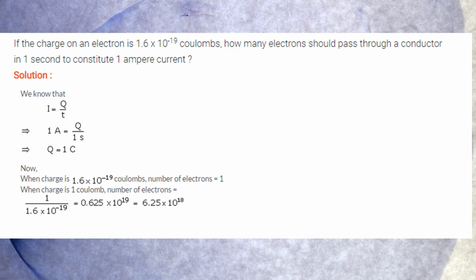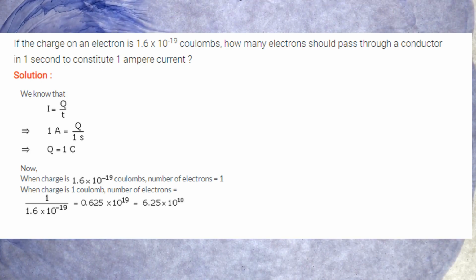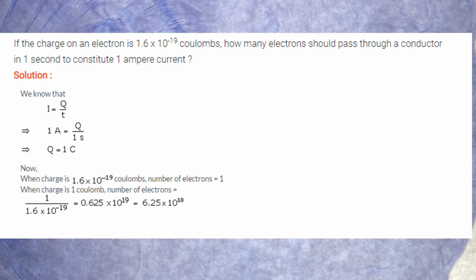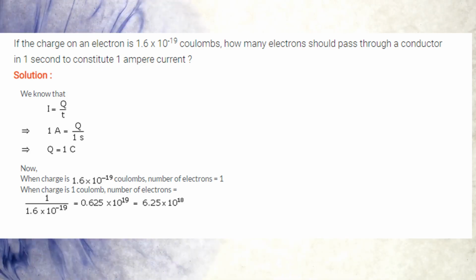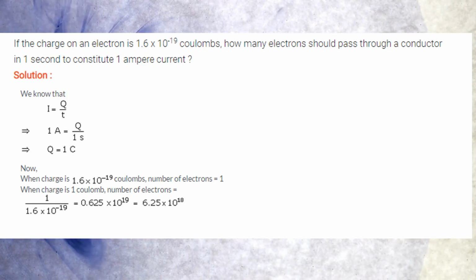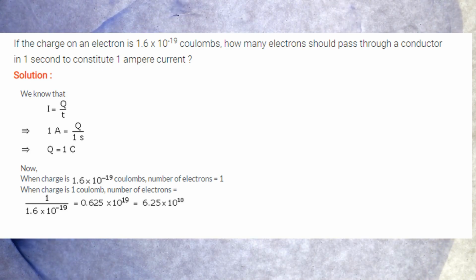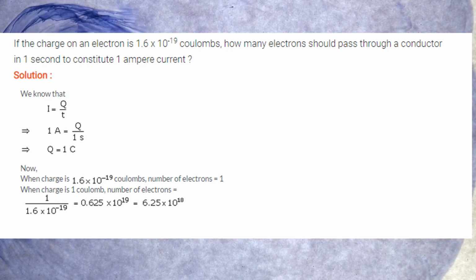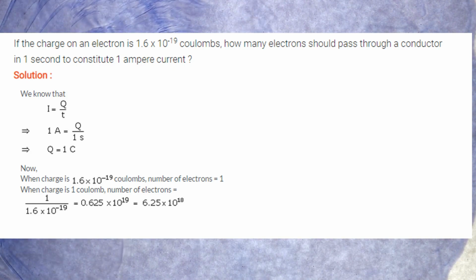Charge on 1 electron equals 1.6 × 10⁻¹⁹ coulomb. By unitary method, if 1.6 × 10⁻¹⁹ coulomb per second, or ampere, is the current by 1 electron, then 1 coulomb per second, or ampere, equals 6.25 × 10¹⁸ electrons.